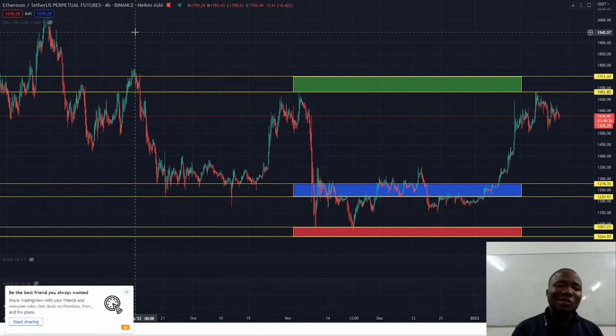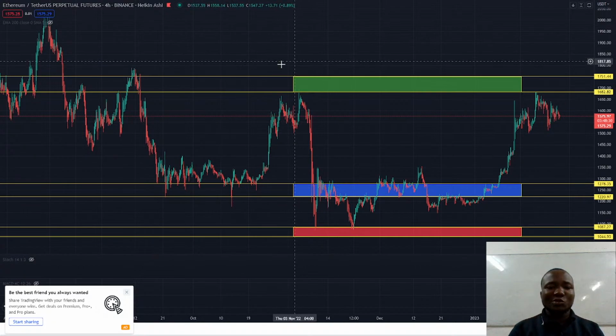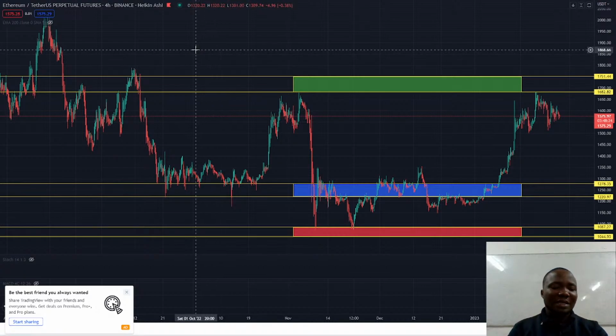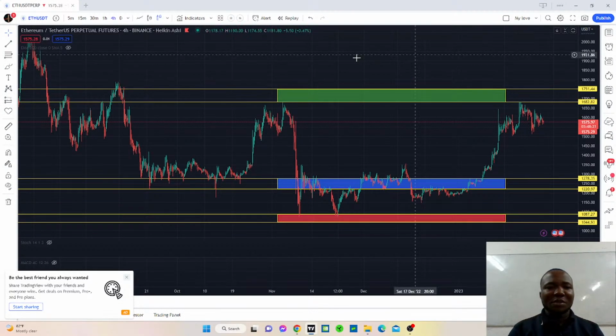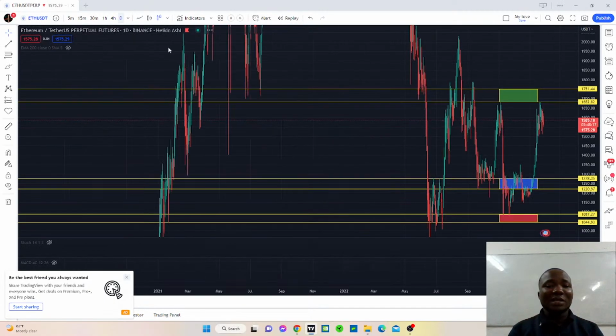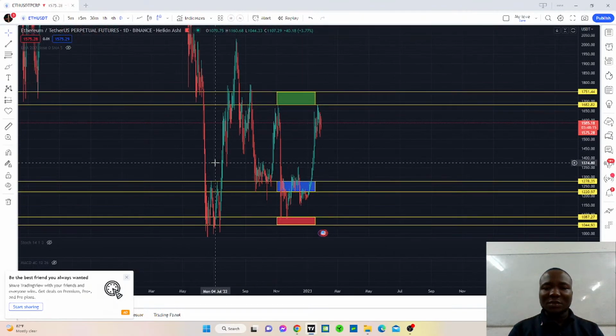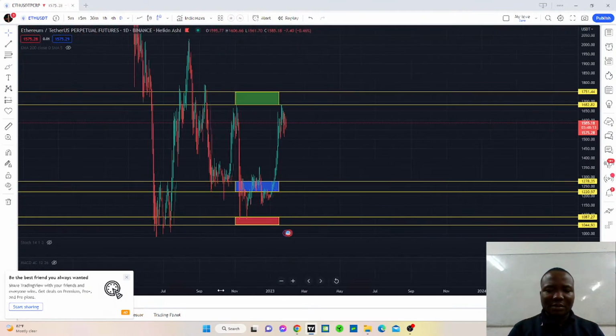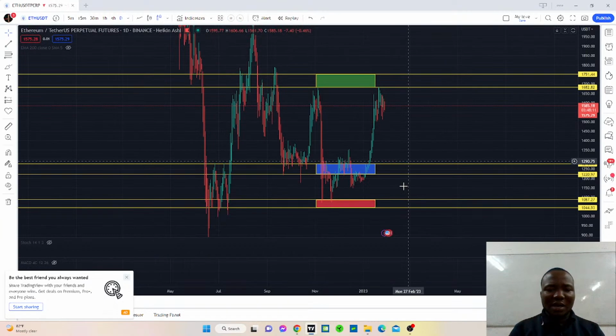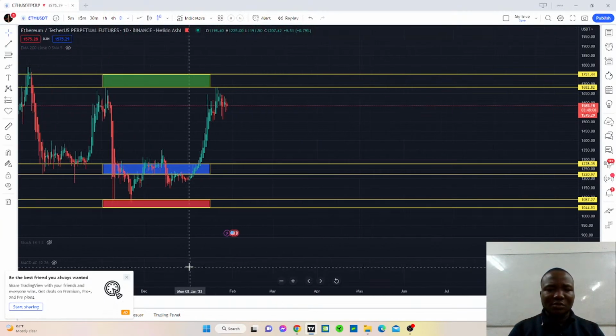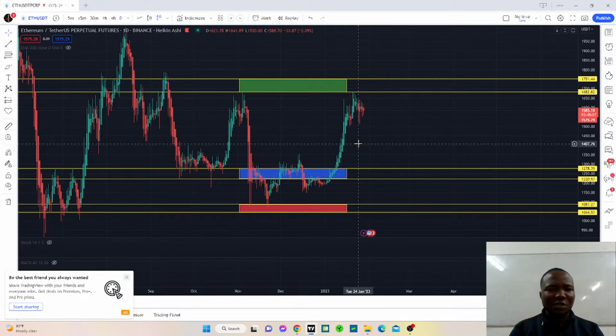I look at what the market is doing before I go for my trade. So first, to look at what the market is doing, I move to the 1 day time frame, sorry, I mean 1 day time frame, not 1 hour. Then I expand my chart to have a clear view of what the chart is doing.